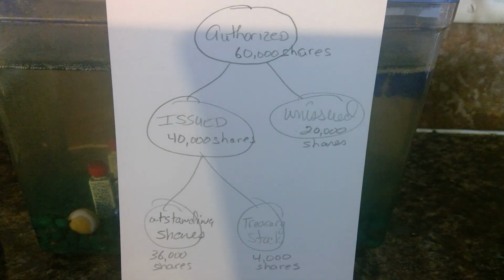Now, the next thing I want to do, since we're talking about shares of stock and issuing stock, again, keep in mind the purpose of issuing stock is to get capital, meaning to raise money.